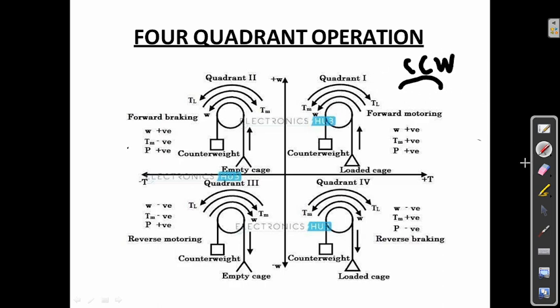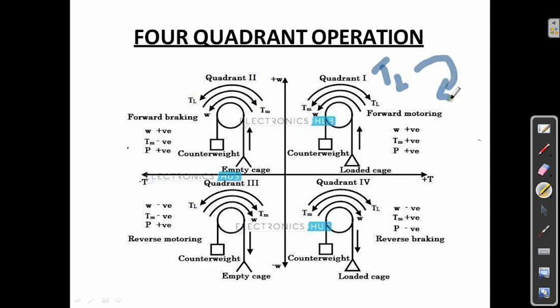CC means counterclockwise direction. The speed is anticlockwise and the motor torque is also anticlockwise. Here TL means load torque. The load torque is only in the clockwise direction.